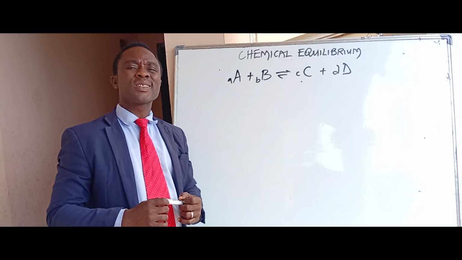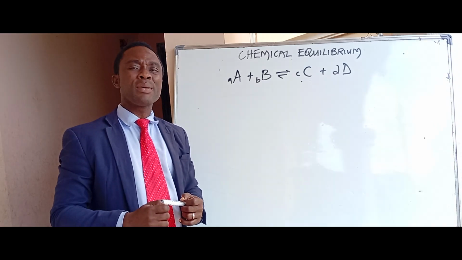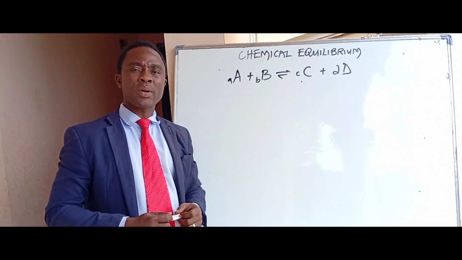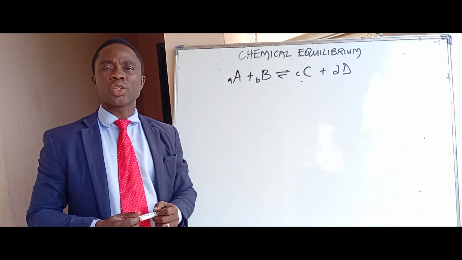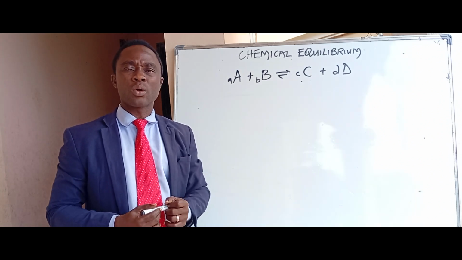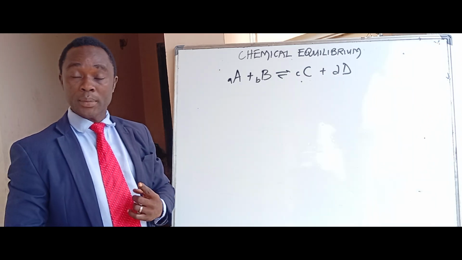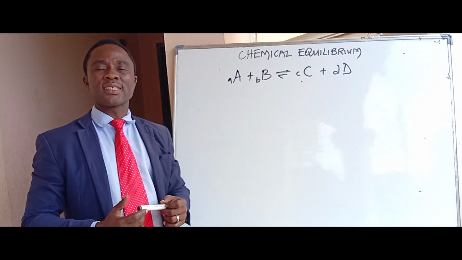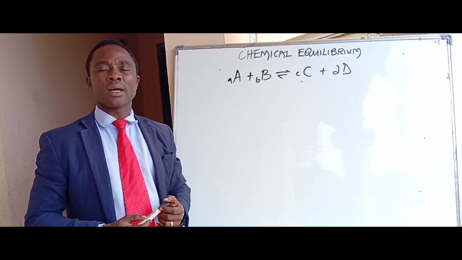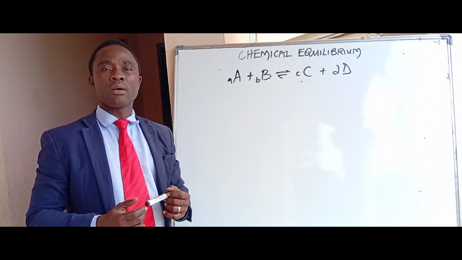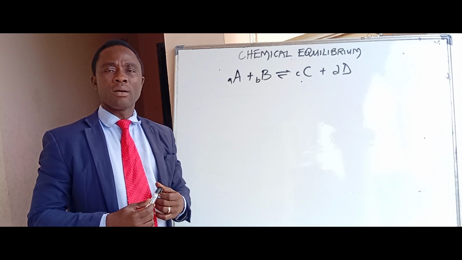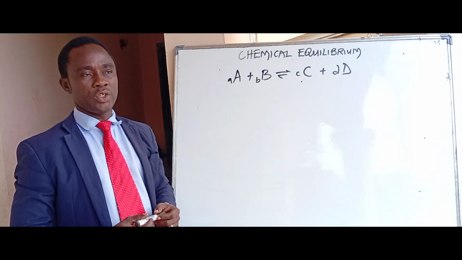The law of mass action states that the rate of a chemical reaction is directly proportional to the algebraic product of the concentration of the reactants, all raised to the power of their stoichiometric coefficient.